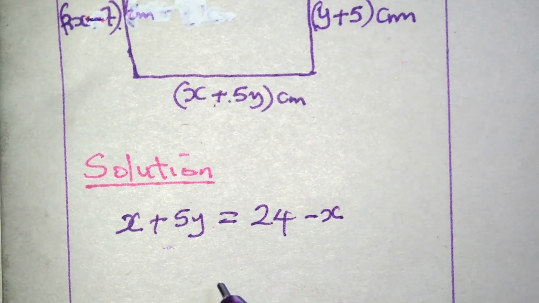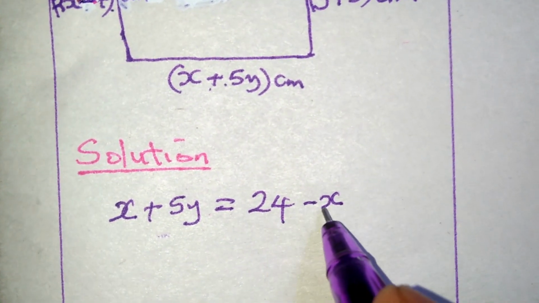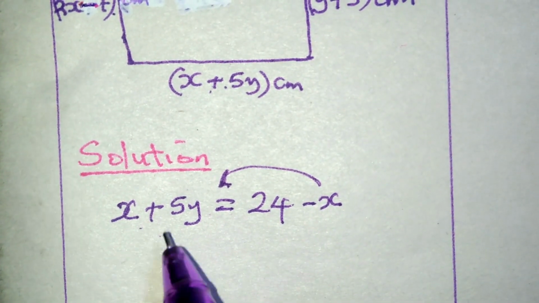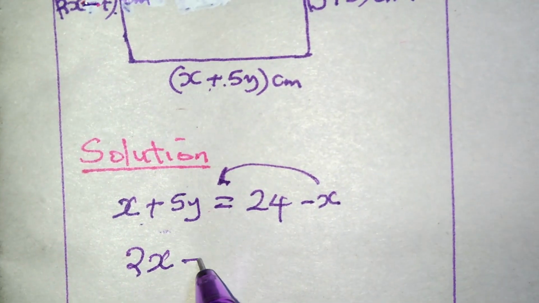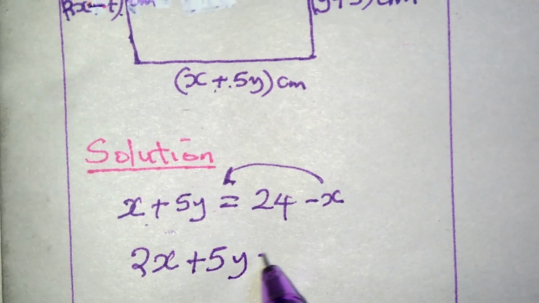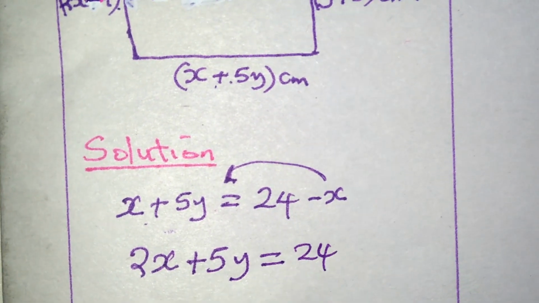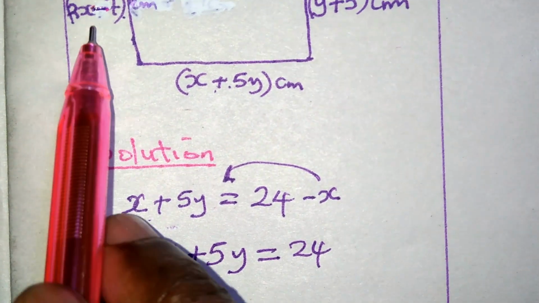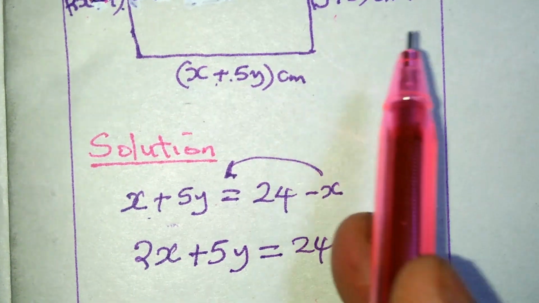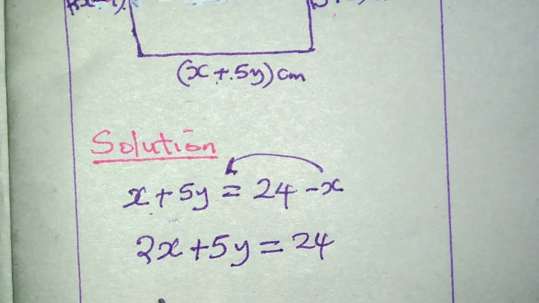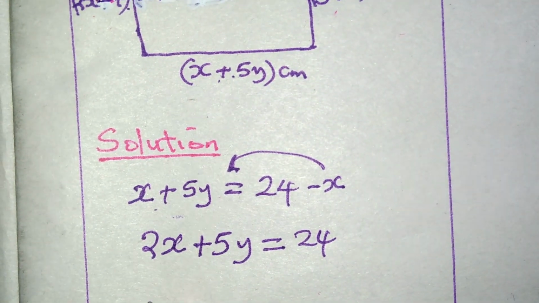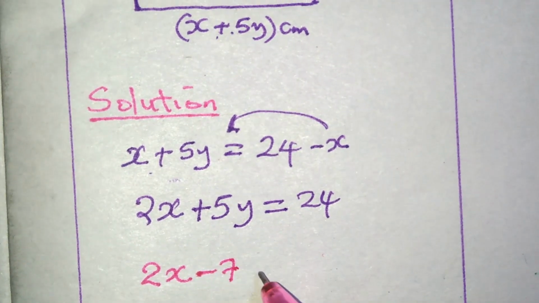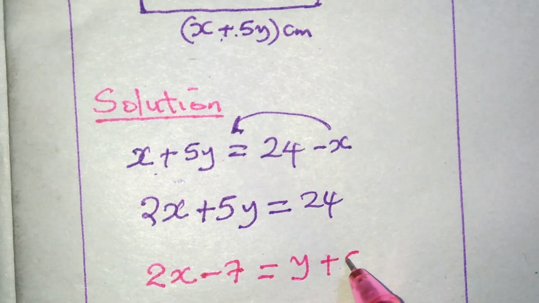Now this one, we can quickly bring x this side of the equation, and it will add. So we'll end up with 2x plus 5y is equal to 24. Now the other equation is for the width. Again here we can say 2x minus 7 is equal to y plus 5.